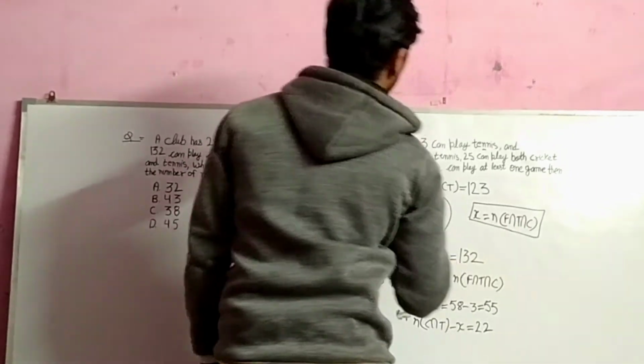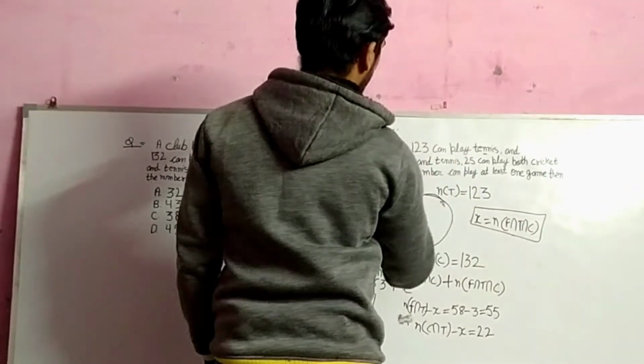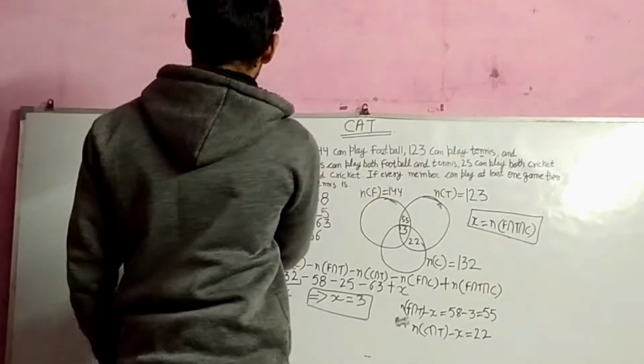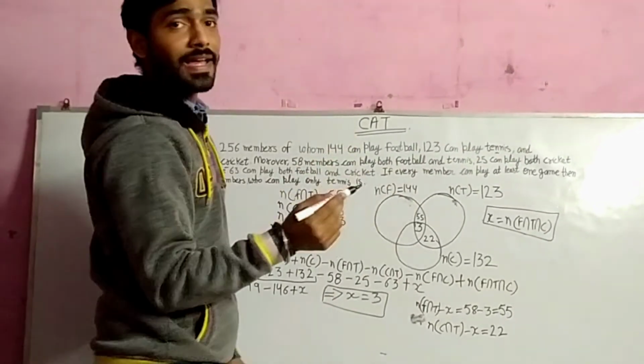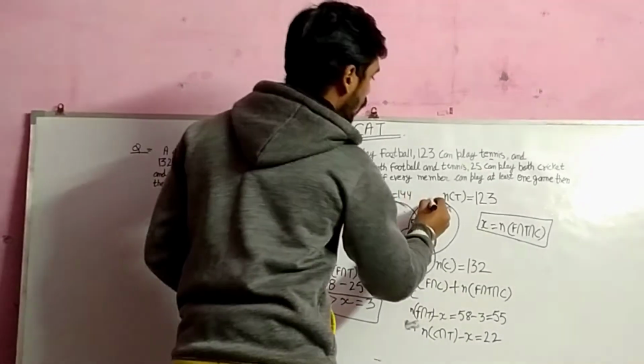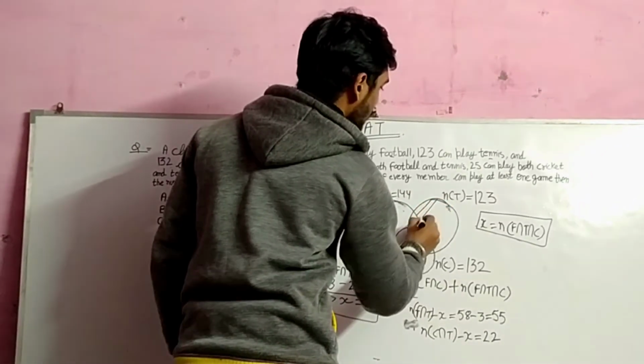In this question, if every member can play at least one game, we have to find the number of members who can play only tennis. So we have to find the value of this shaded region.